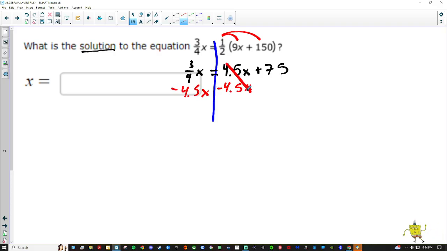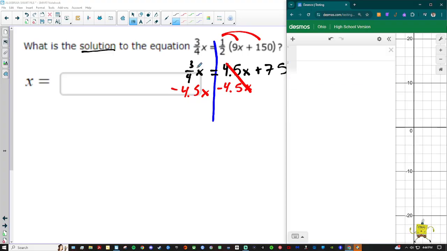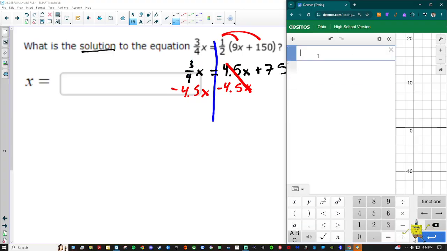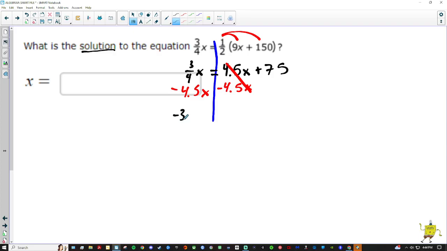And I know fractions are scary, but Desmos can do them for us. So I'm going to just type in 3/4 minus 4.5, and I get negative 3.75. Negative 3.75x equals 75, and all I have left is to divide by negative 3.75.